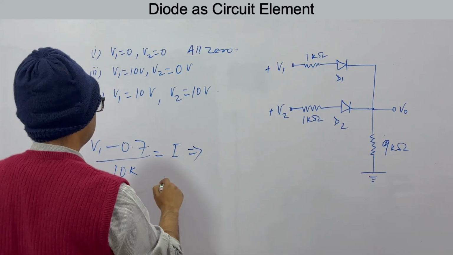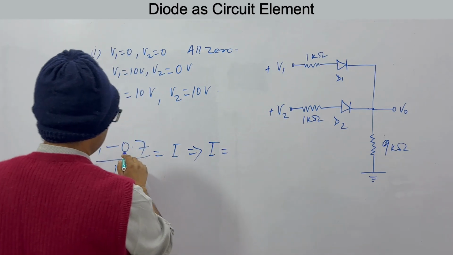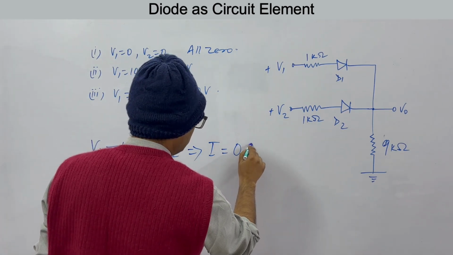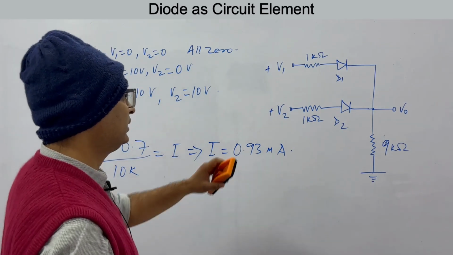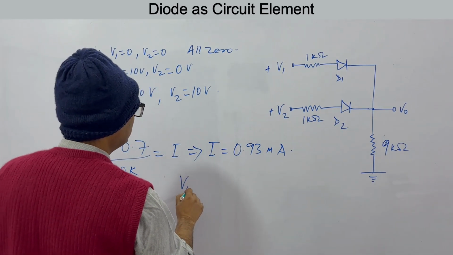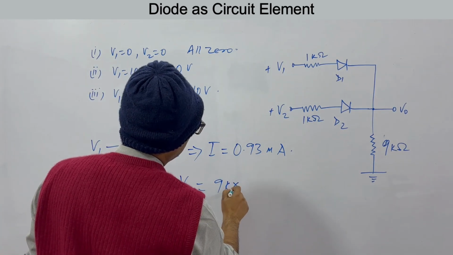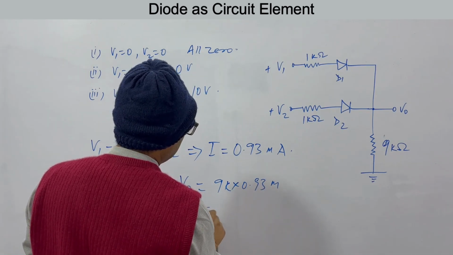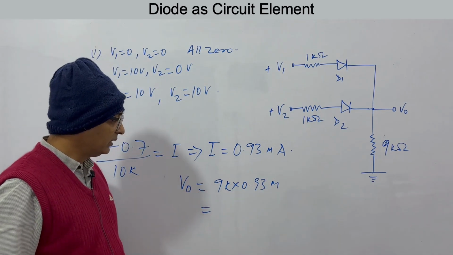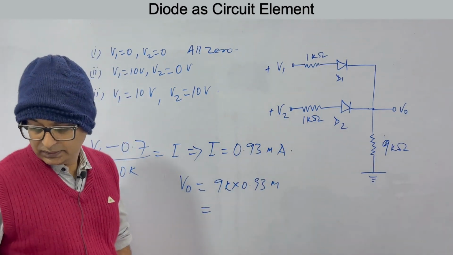V1 is 10, so this is 9.3 divided by 10, so this is 0.93 milliamperes. And when this is 0.93 milliamperes, what will be V output? V output will be 9 kilo ohms into 0.93 milli.